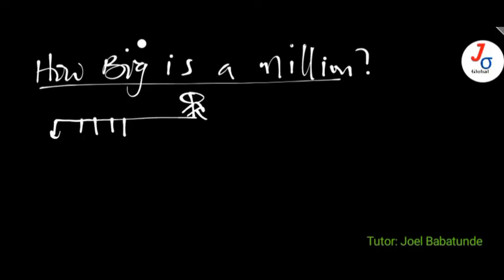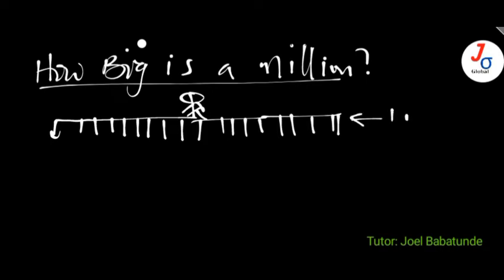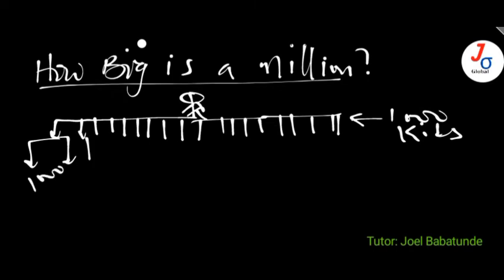I know 1,000 cannot even contain my screen, but let me just say 1,000 kids. Now each of these kids also has the ability to give birth to 1,000. So each of them gives birth to 1,000, then the next one 1,000, then the next 1,000.